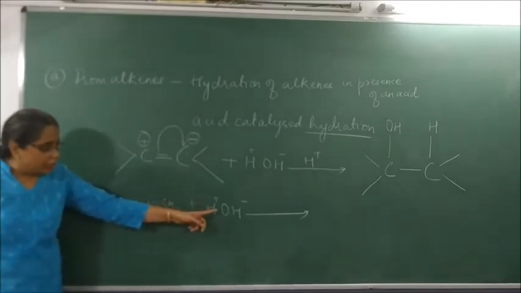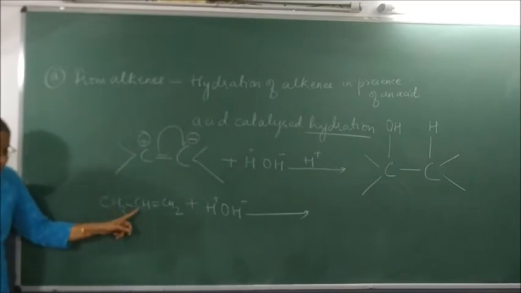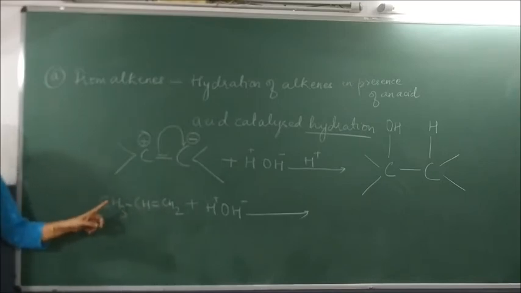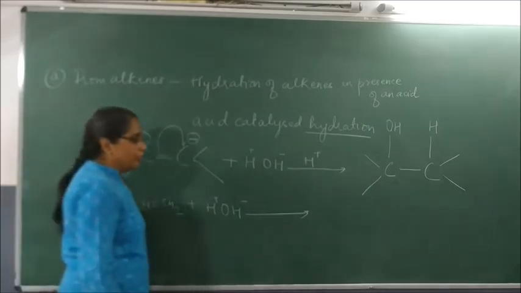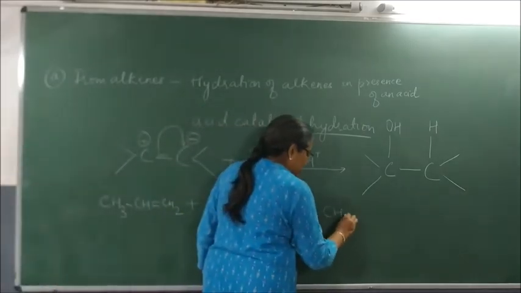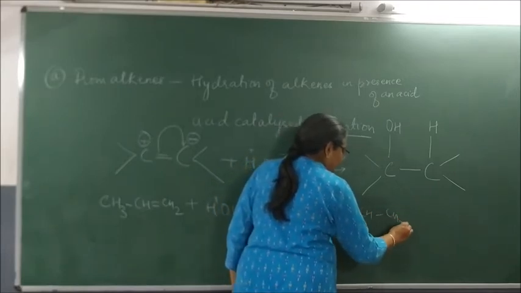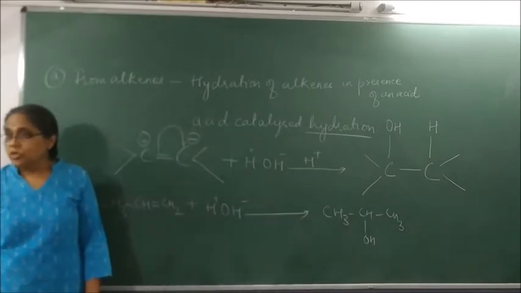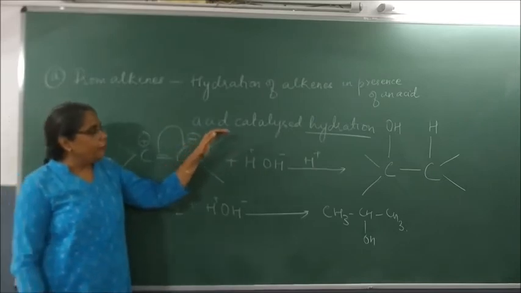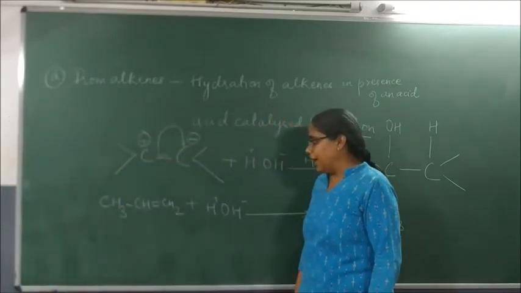The negative part of the reagent goes and attaches itself to that carbon atom across the double bond which has the least number of hydrogen atoms. So we will get CH3CH(OH)CH3. The name of the compound is propan-2-ol.